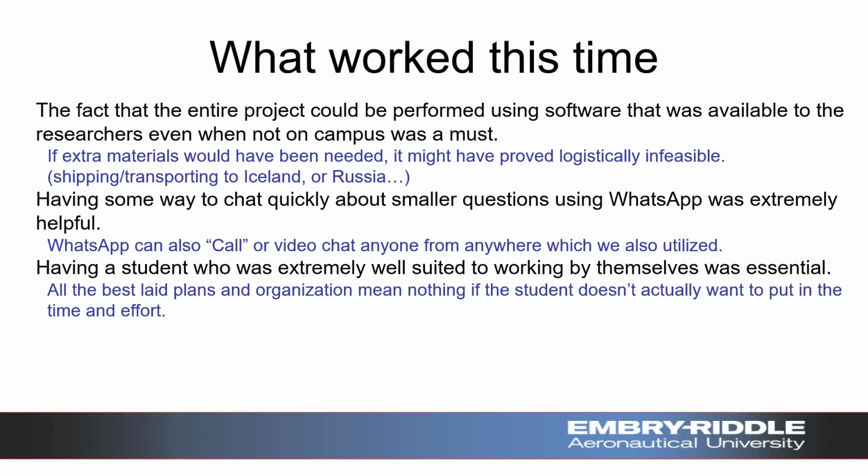The other thing, and I know people will ask how you do this, well, I don't know, but the student we have was particularly well suited to working by themselves. They were self-motivated. They were as organized as I would expect from an undergraduate researcher who has never done research before.